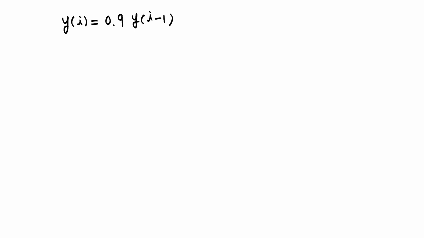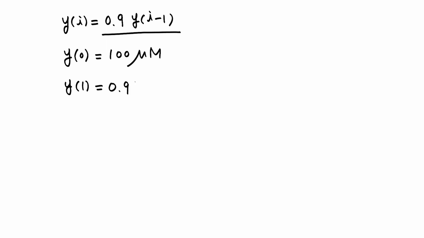Let's say our initial protein concentration y of 0 is 100 micromolar. Then what is this y of 1? From this equation, it is 0.9 times y of 0, which is 0.9 times 100 micromolar, which is 90 micromolar.